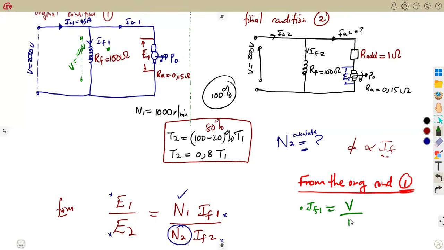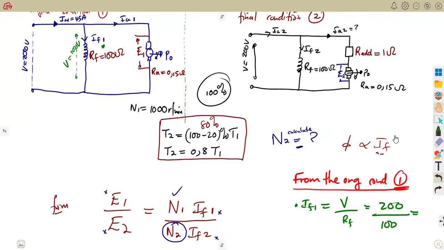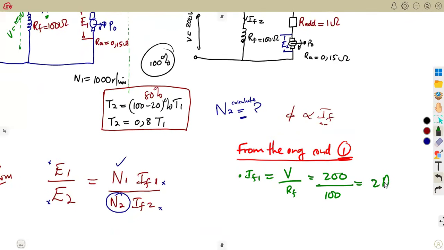Remember, you're using this as R shunt, but still it's the same, RF. So you have the voltage there from our N4, N3. We've got 200 over RF, which is 100. So you divide, and that gives you the field current of 2 amps.